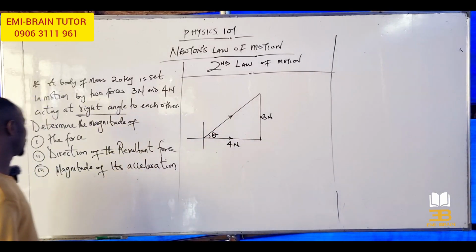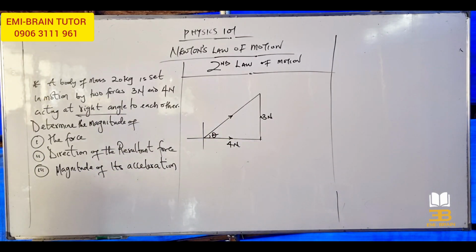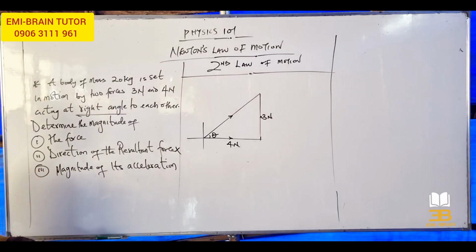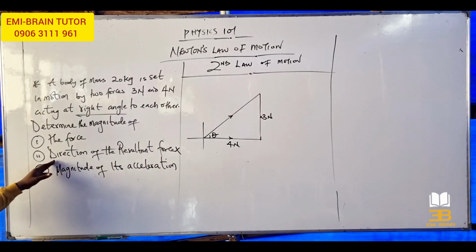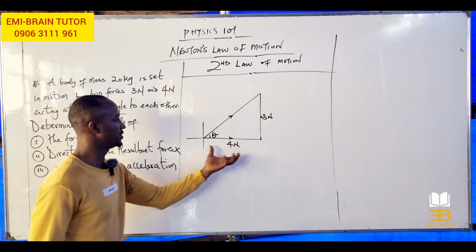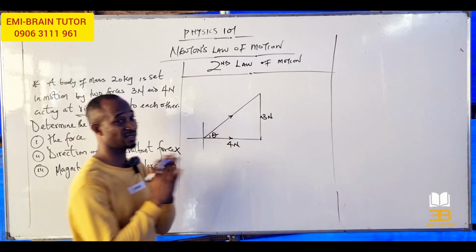This question seems faulty because we are not told that the 4 Newton force is acting towards the east, and the 3 Newton force is acting towards the north. We're not told where they are acting, so we're not supposed to present the equation in this format. We're not meant to find the direction of the resultant force because the direction of the 4 Newton and the 3 Newton force is not given.